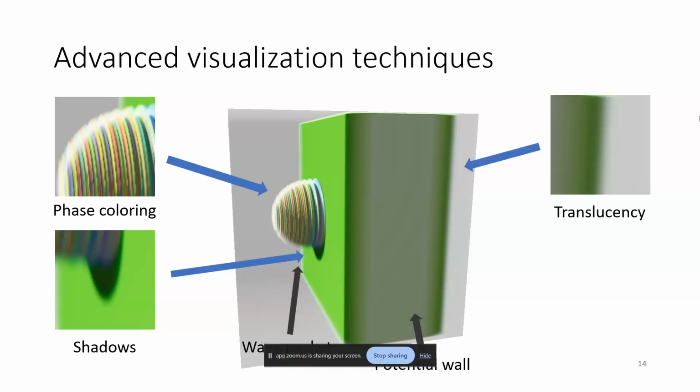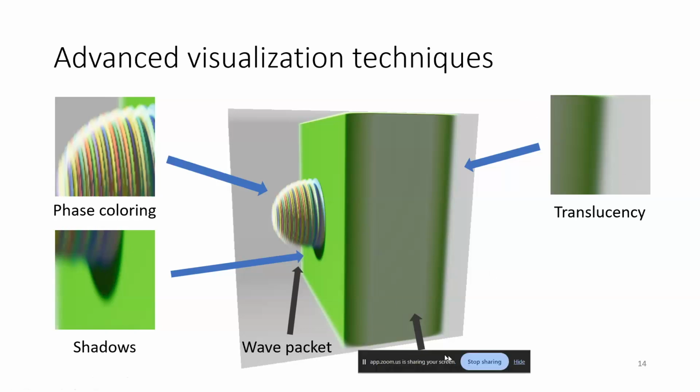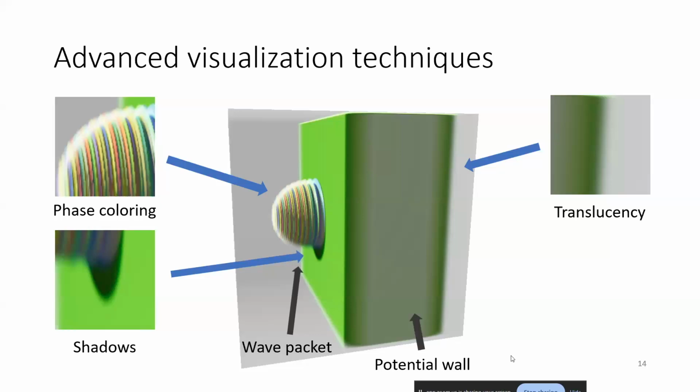And translucency is also interesting because you can use it to convey information, for example, in this case, sorry, I can maybe move this out of the way. That this potential wall has different potential values in different places.